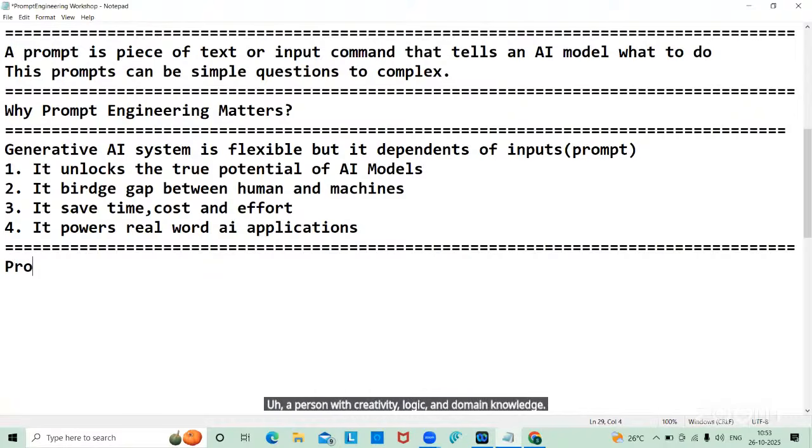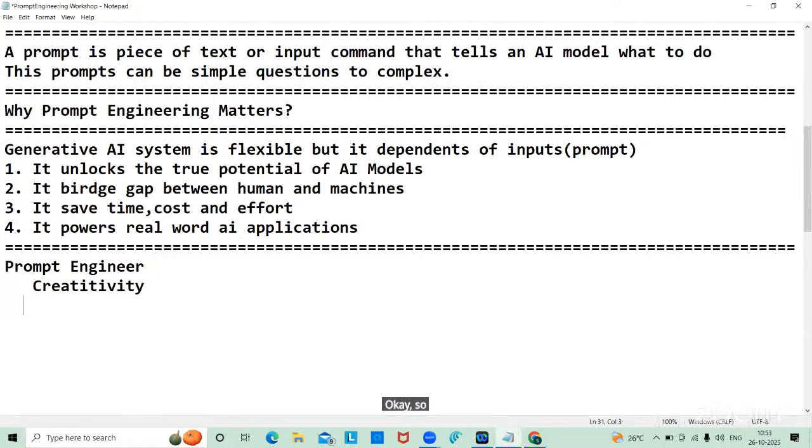In simple terms, I can say a prompt engineer is someone who combines creativity with some logic and some domain knowledge. So this person can be called a prompt engineer, right?